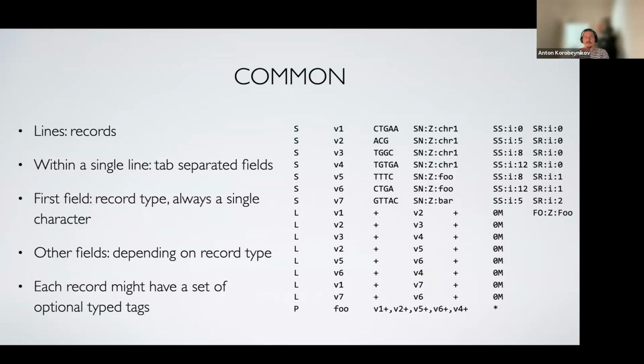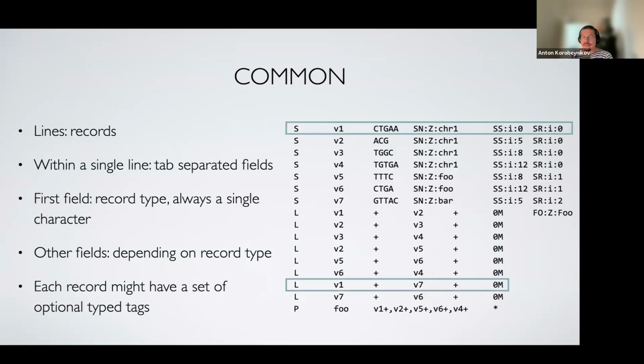As I said, it's a text format, meaning that you can use your favorite text processing tools, even AWK and all the things, to modify things. Everything is organized in so-called records, and records are lines. Within a single line, we have tab-separated fields, like here. So essentially this is just a tab-separated value format, but the length of each record or line could differ in terms of the number of fields.